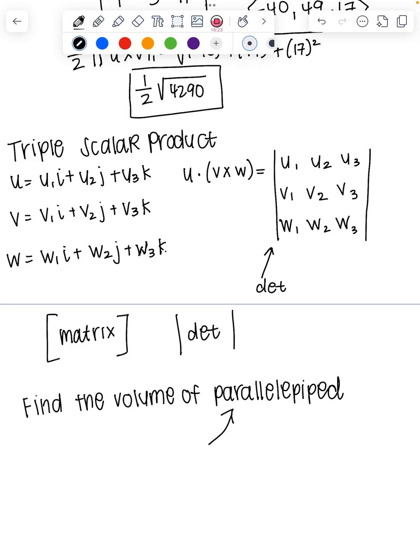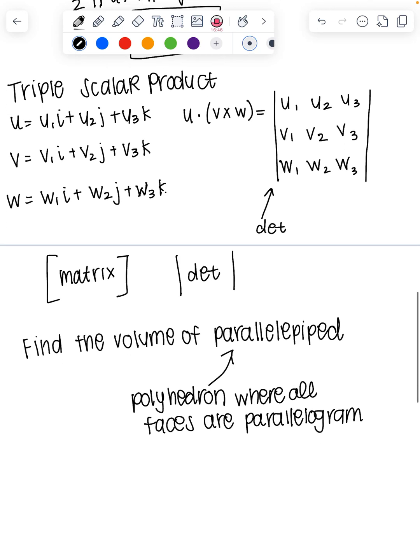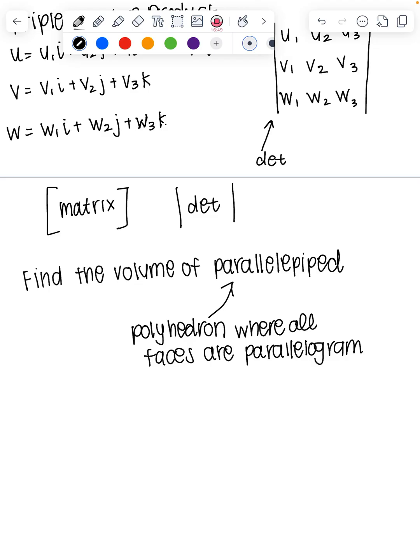Okay, this right here is a polyhedron where all faces are parallelograms. Not necessarily something we go over in geometry. Okay, but how exactly do I find this? Well, I need to find the absolute value of U times V cross W. Okay, I believe you only have 2 problems like that.